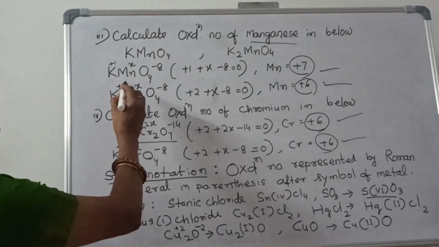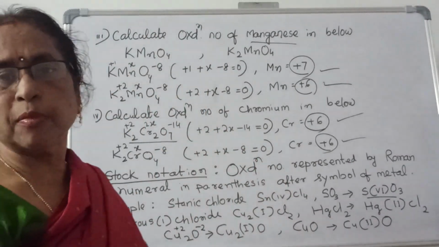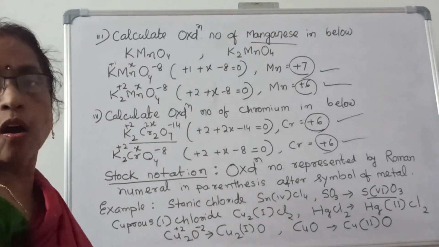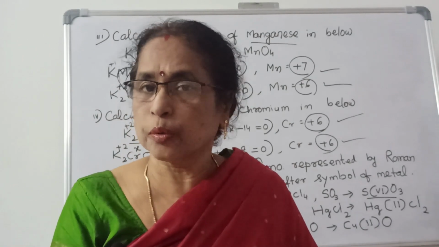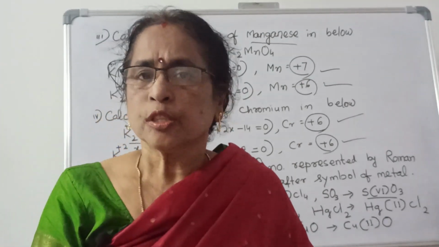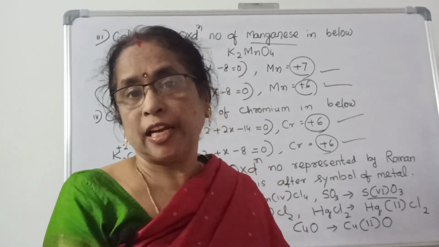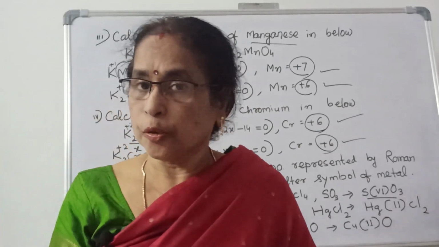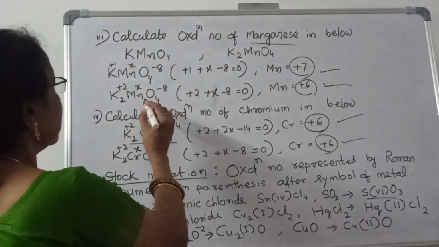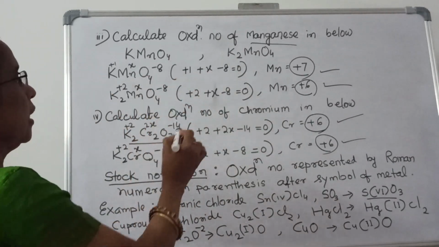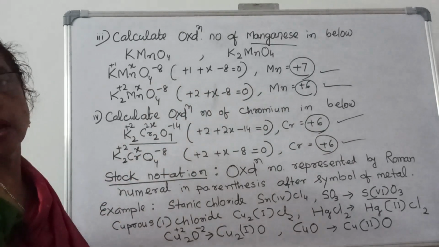That means let X be the oxidation number of manganese, and potassium is plus 1, oxygen is minus 2 into 4, minus 8. We know the sum of all the oxidation numbers of the atoms in a compound should be equal to 0. That is why you can see here plus 1 for potassium, X for manganese, and minus 8 for oxygen.